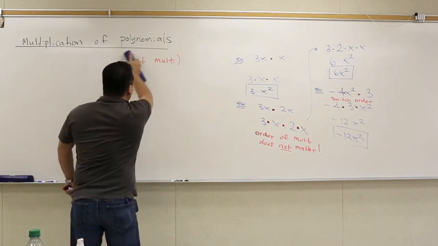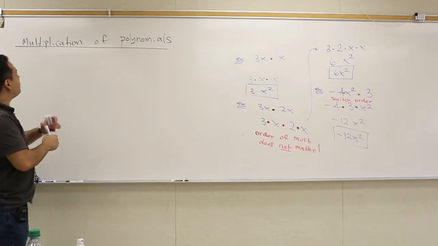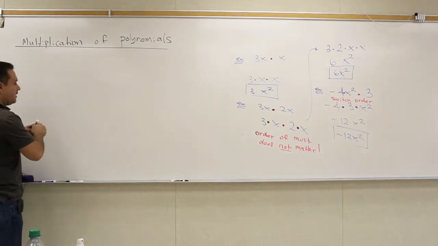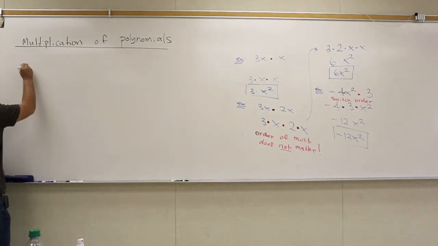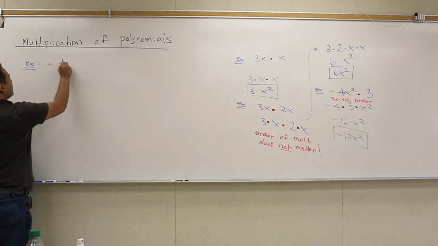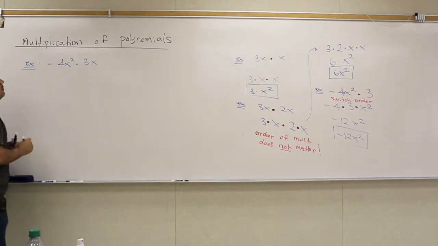So let's work on some more of these examples, because these are the basis or the foundation for multiplying polynomials. Another example: what if we have negative 4x squared times a 3x? What happens now?